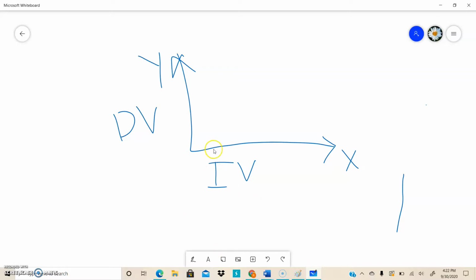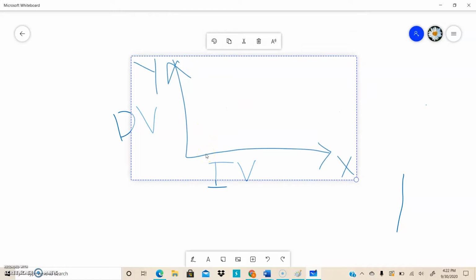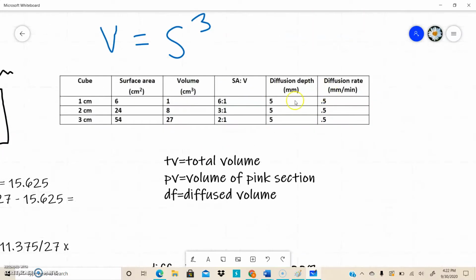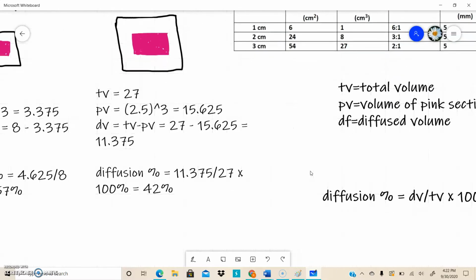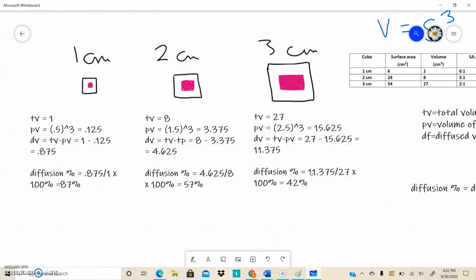You will have a bar graph or a line graph with 3 bars of the same kind, and that will not give you any conclusion of any kind. Okay, so again, if you were to just graph using these numbers right here, you would get a single flat line if you were using a line graph, or you would get 3 bars with the same value, and that would just not give you any clarity or any conclusion. So you do want to graph the diffusion percentage.